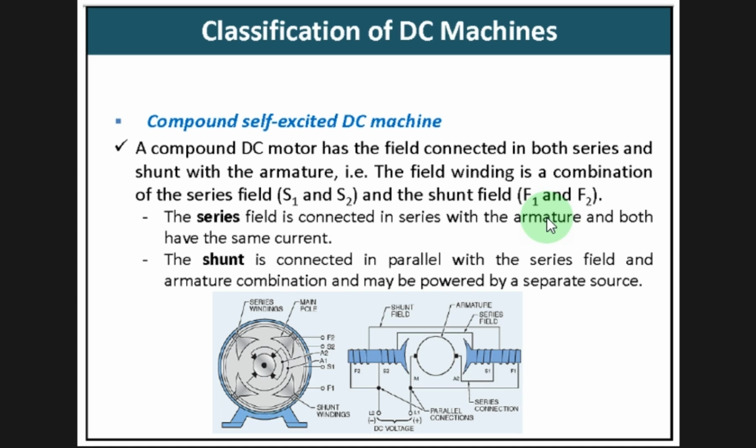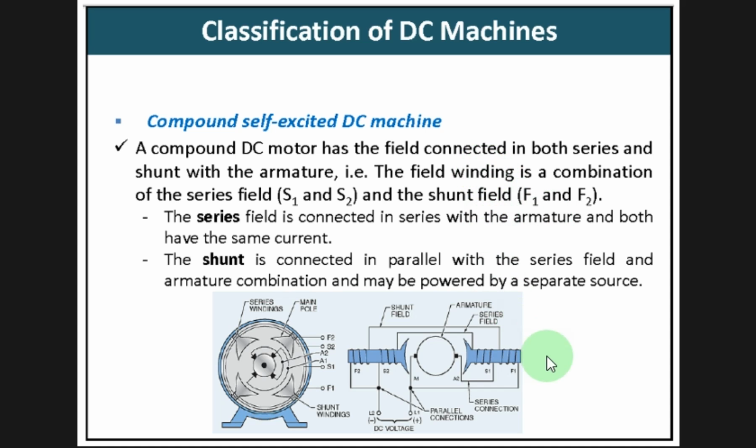And then we say that there are certain advantages and disadvantages of series and shunt connections. So by combining those two, we can make a type called compound self-excited DC machine, where we have one field coil in series with the armature coil and the other one in parallel with the armature coil.